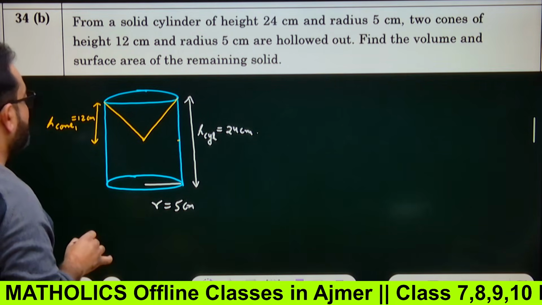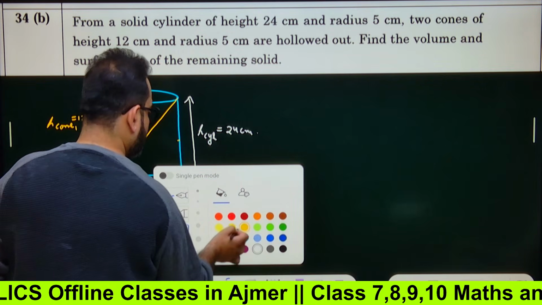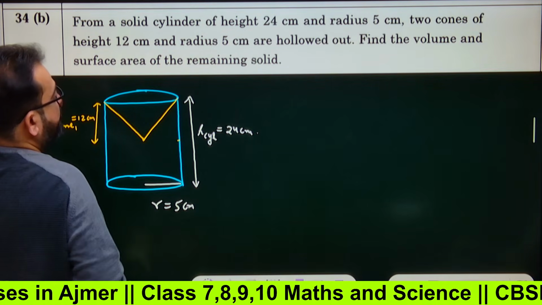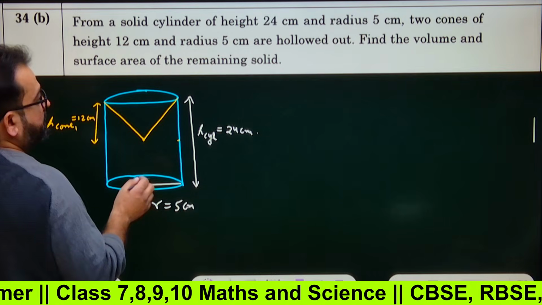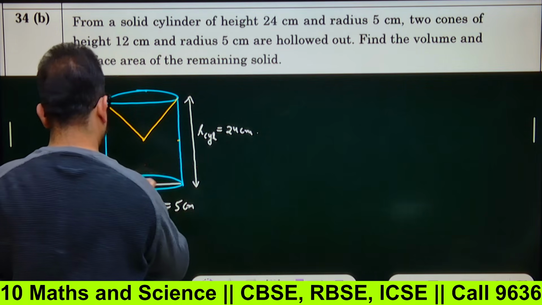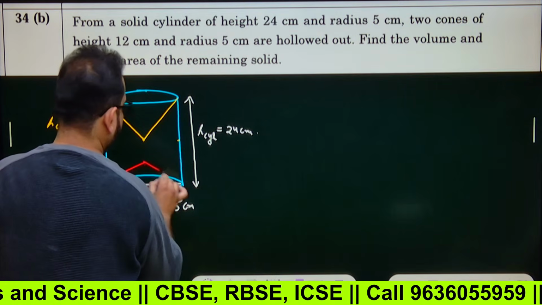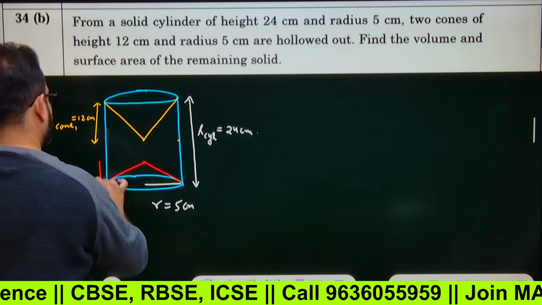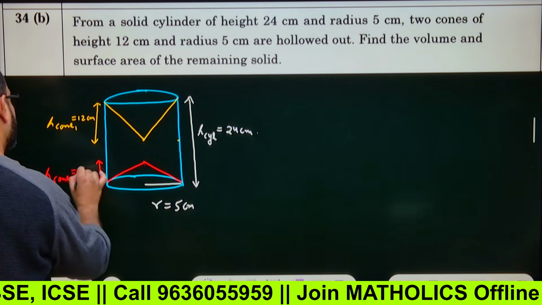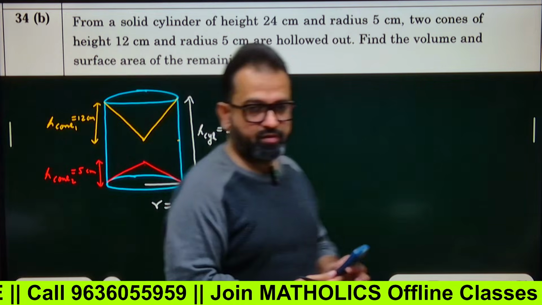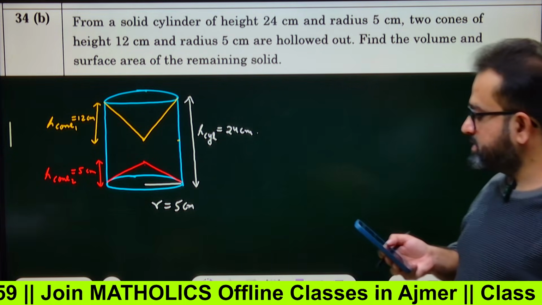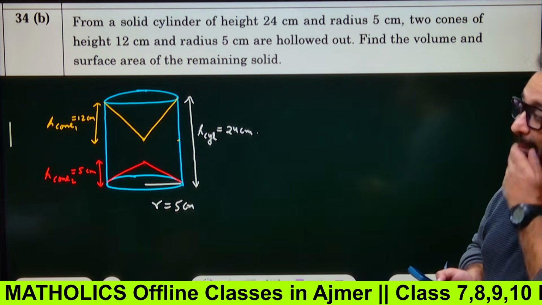Another cone is cut from the bottom, obviously. And the height of that cone is 5 centimeters. So this is 12, this is 5, like this. Height of cone 2 equals 5 centimeters. Got the diagram, everyone? Try to draw the diagram along with me. This is the final figure.